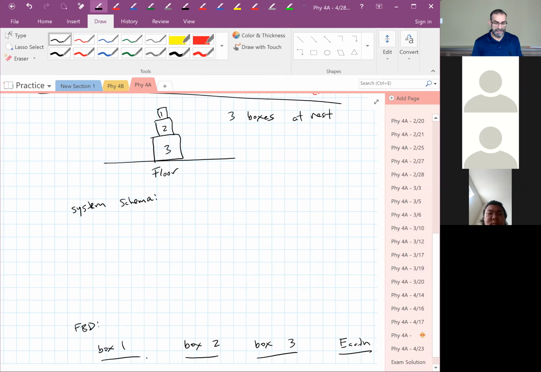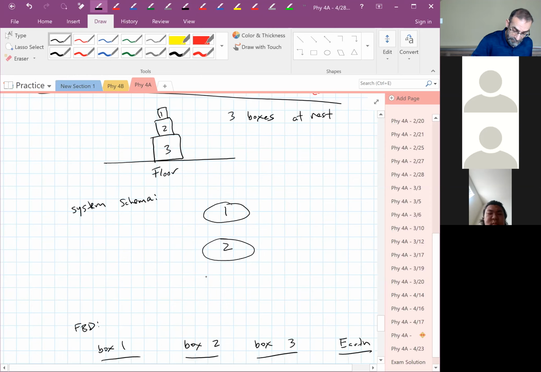When I draw the system schema, I try to put the objects basically in the same orientation they are in the actual physical situation. So I'll put box 1 up here, and then I'll put box 2 underneath it, and then 3, and then the earth.